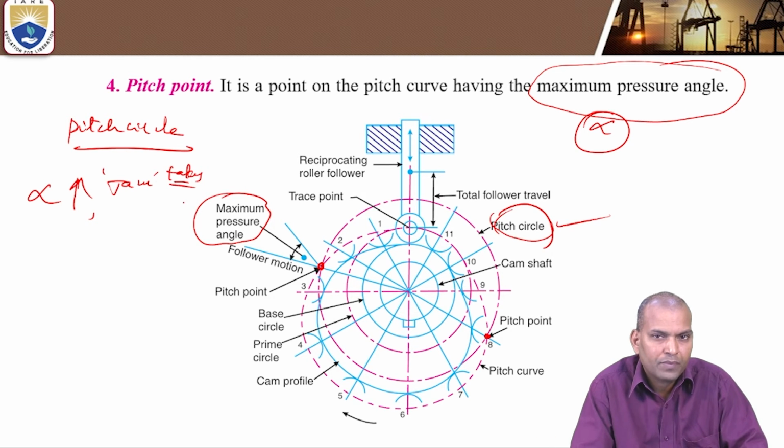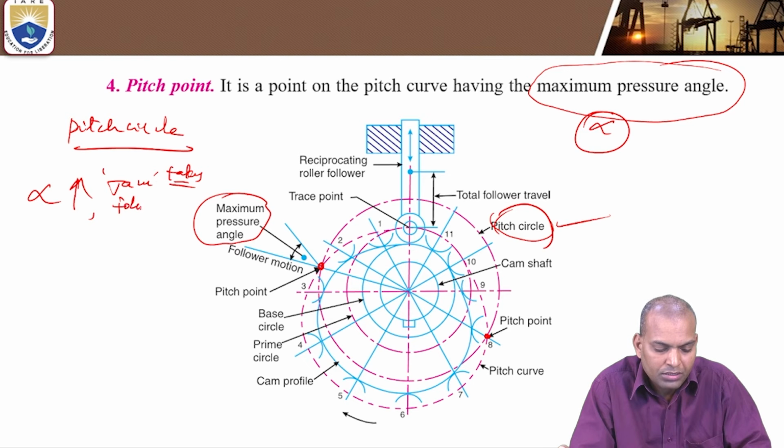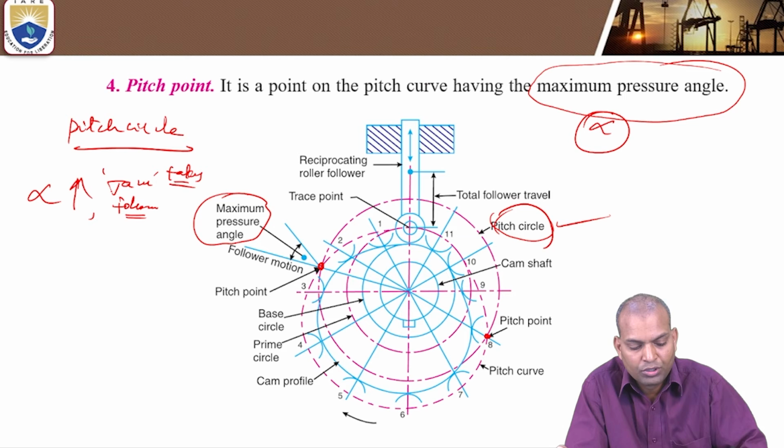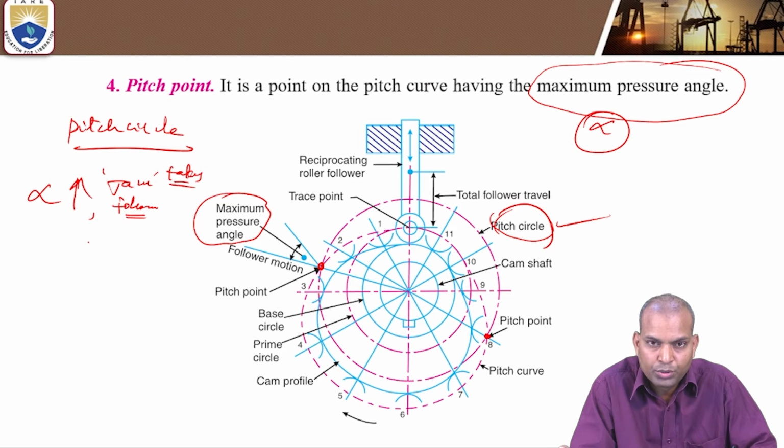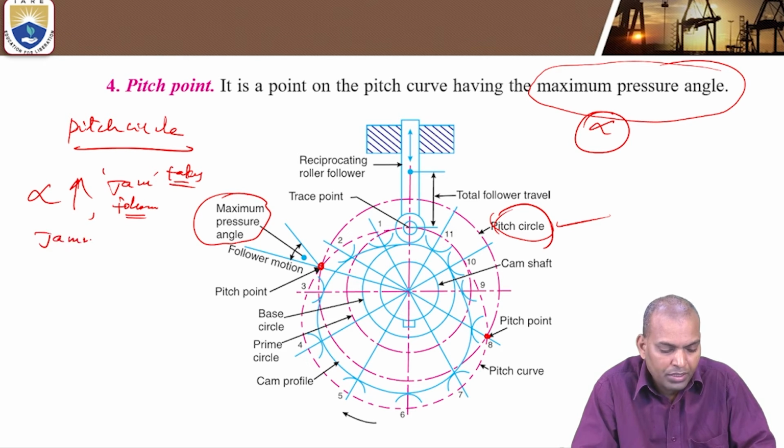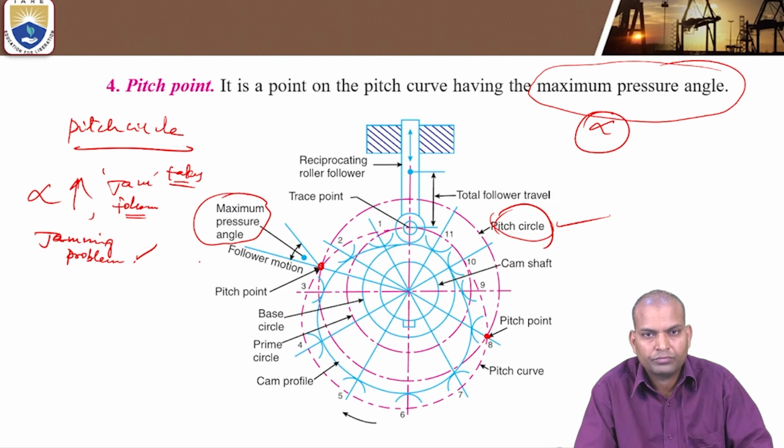Jam, stuck up. Who will be stuck up here? This follower is stuck up in its bearings. That is very important. That's why alpha is maintained at an optimum value in such a way that we can overcome the jamming problem.